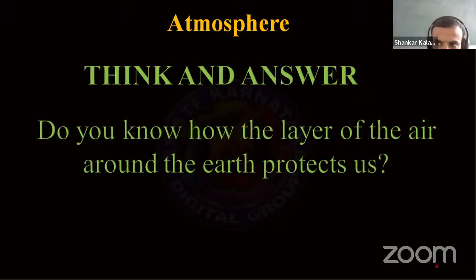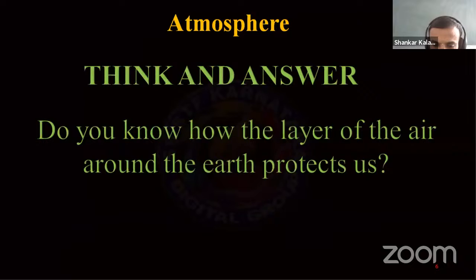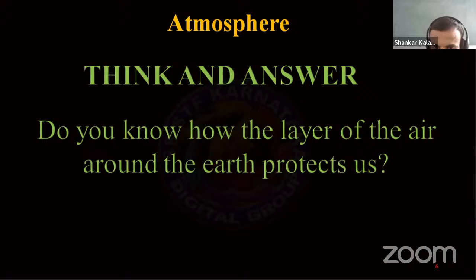Tell me the answer. Meteorites, sir. They protect us from meteorites. Don't talk about celestial bodies. Here they have asked how those layers protect us. You try better, but think a little more. You will get a suitable answer.